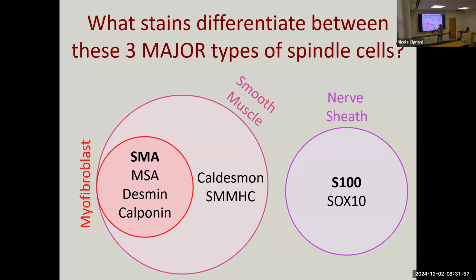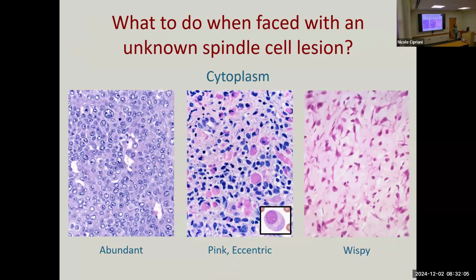So that's one way to differentiate those two. If you're thinking myogenic versus nerve sheath, that's one place to start, but we'll get into immunostains more later. That's just step one. And as we said, fibroblast doesn't stain with anything.